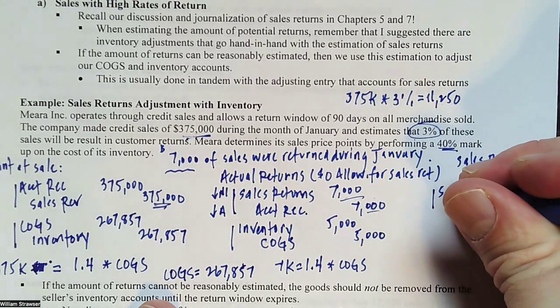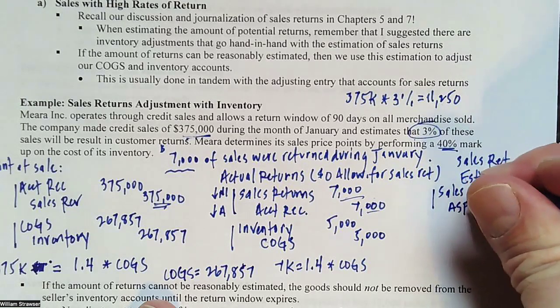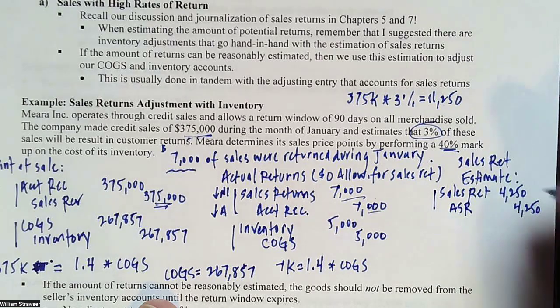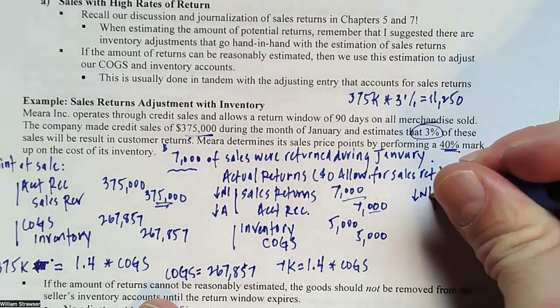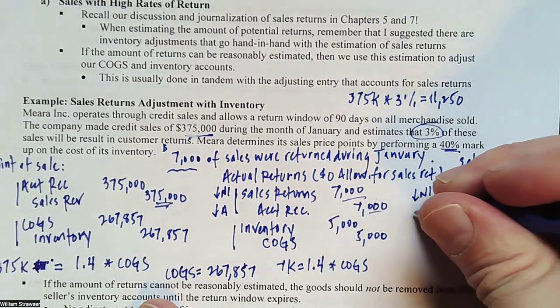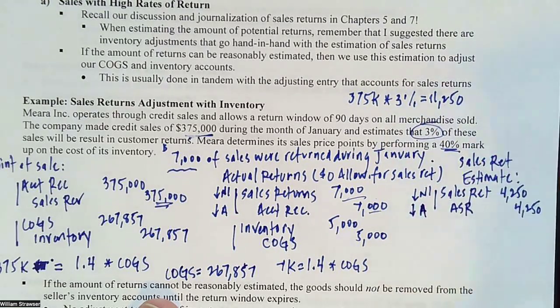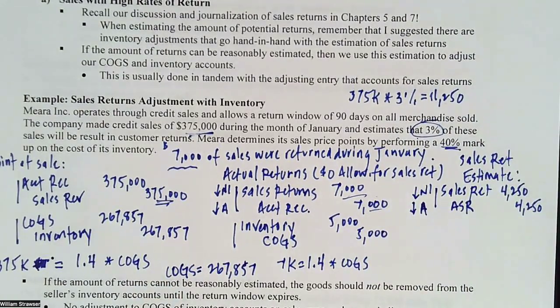And credit, I'm not going to be able to write it all out here, the allowance for sales returns account. And of course, this still reduces net income, the debit to sales returns, the credit to ASR. ASR, remember, is a contract asset, and so it reduces assets.